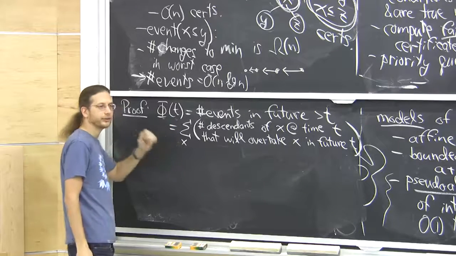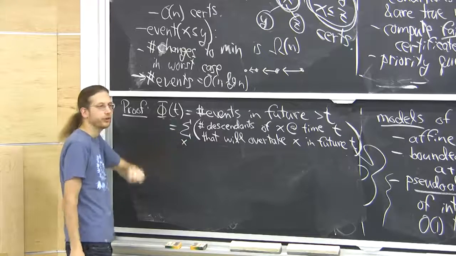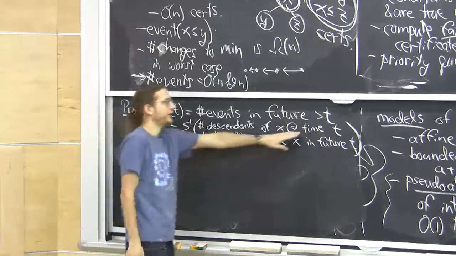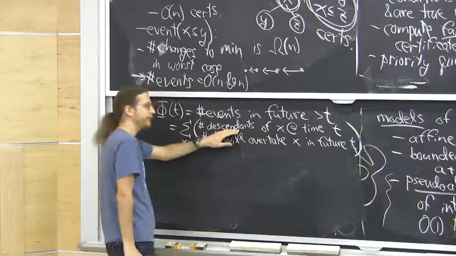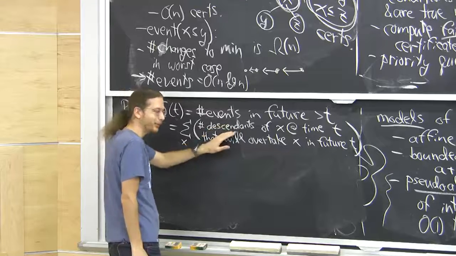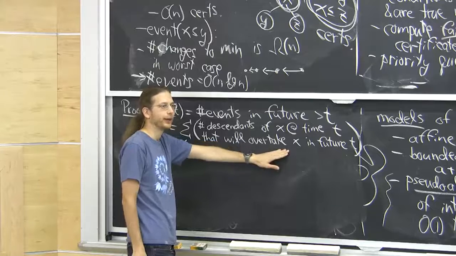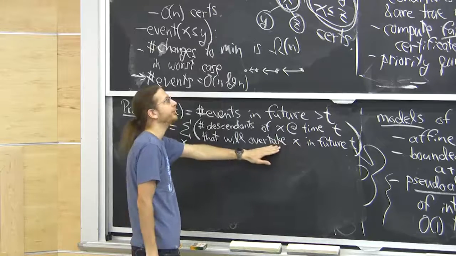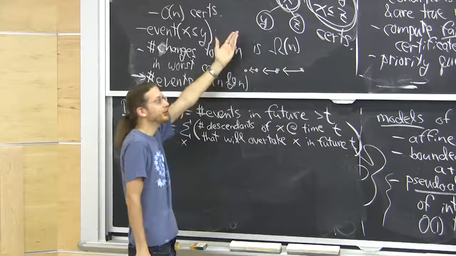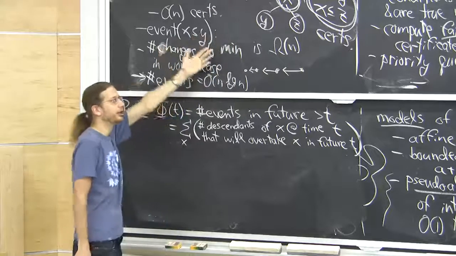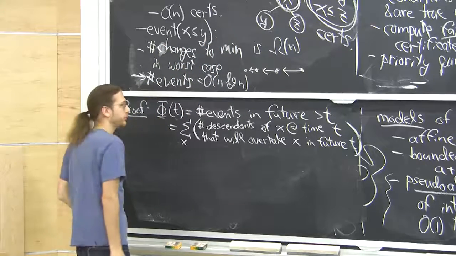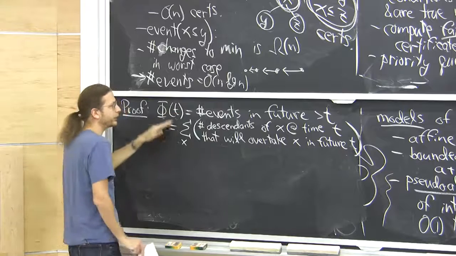So x is in some node, and which node it is in changes over time. But at time t, it's in some node. I look at all the descendants of that node. I look at those items, and I see which of those items will overtake x in a future time. Those are the ones that I care about. When you overtake an ancestor, that's when an event happens.